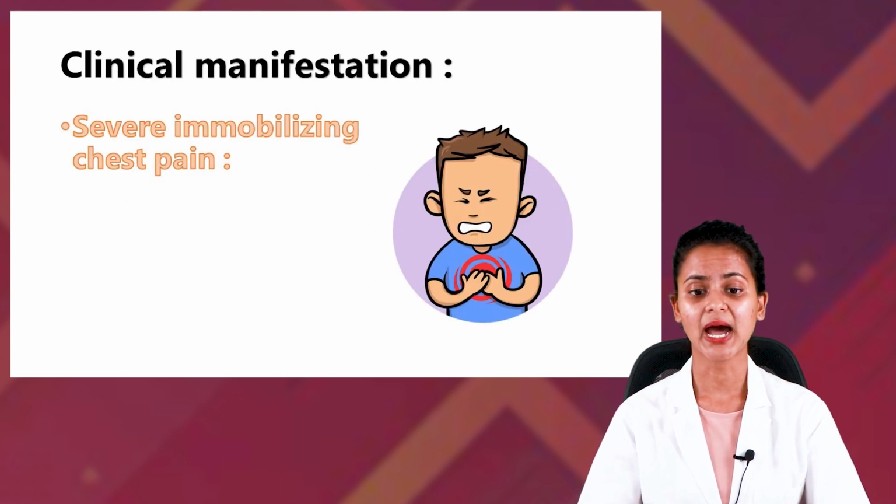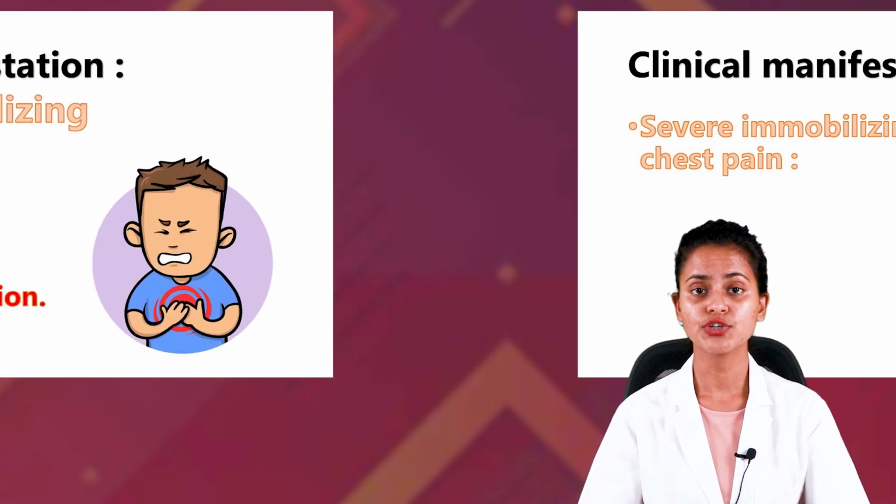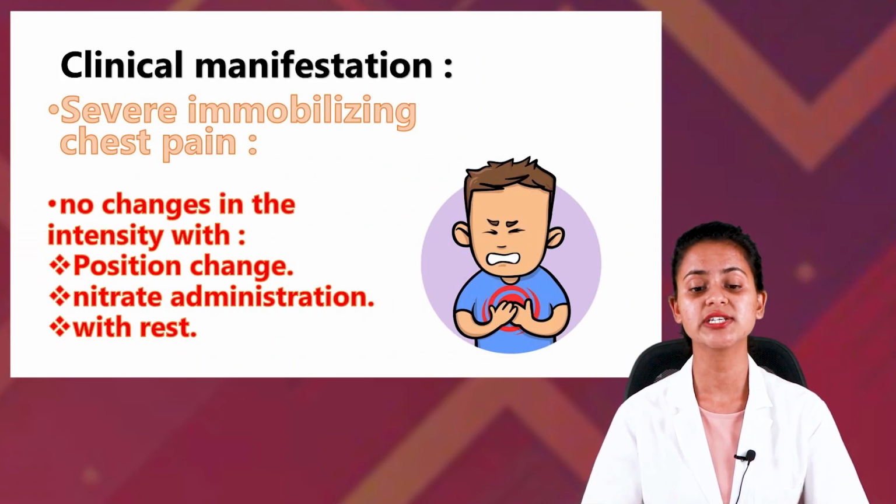Now, the clinical manifestations include severe immobilizing chest pain. Definitely, as the infarction is taking place in the myocardial layer of the heart, there will be severe immobilizing chest pain, which is generally not resolved by any position change or nitrate administration, even at rest. So I hope you are understanding.